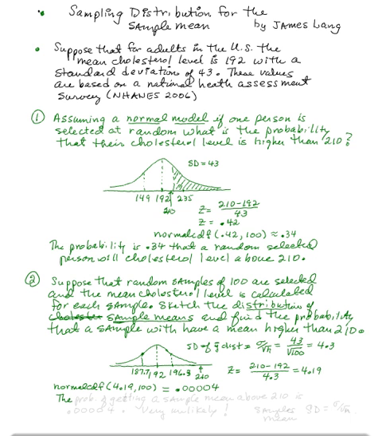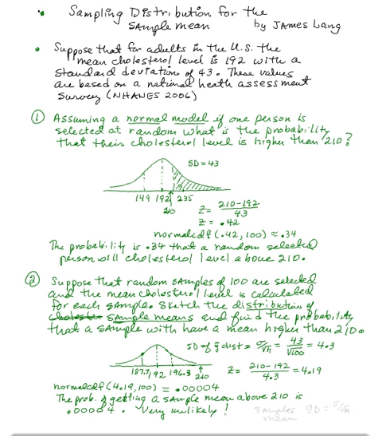So the probability of getting a sample mean above 210 is 0.00004, very unlikely.